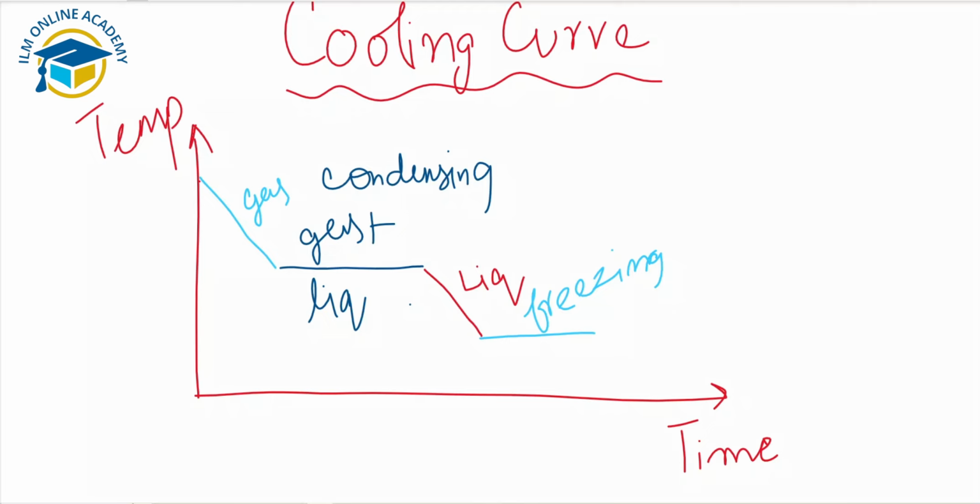After that, all the liquid particles are converted into solid, like this one. So at this point all the particles are converted into the solid state, and the horizontal sections occur where there is a change of state but there is no change in temperature.